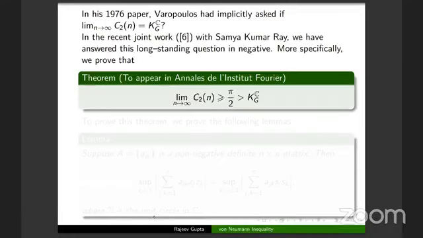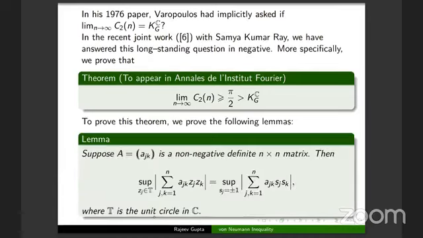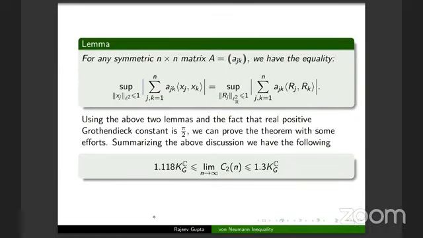You can improve this lower bound also. I will have to skip this, but the lower bound you can improve up to at least 1.118, so it's certainly bigger than 1.